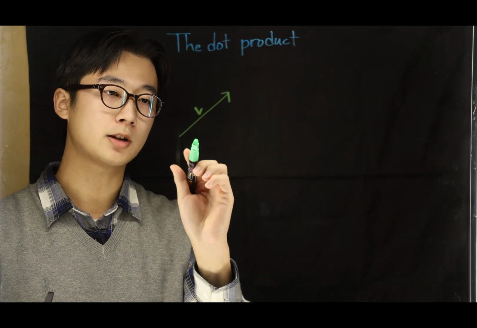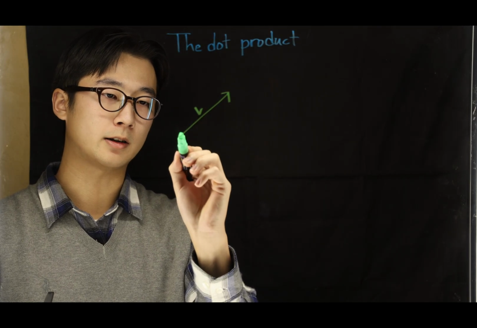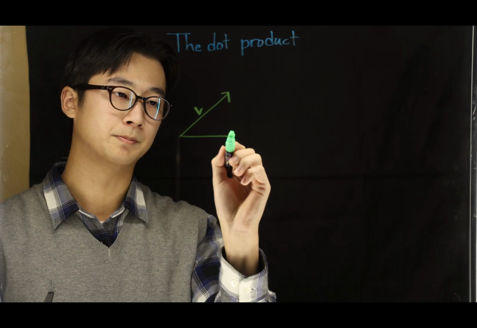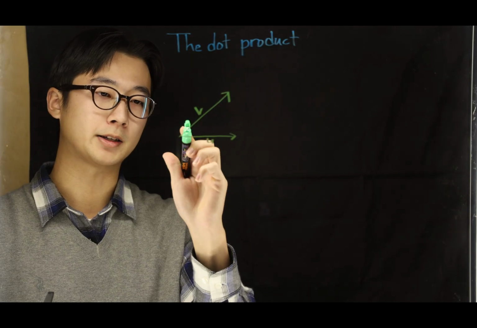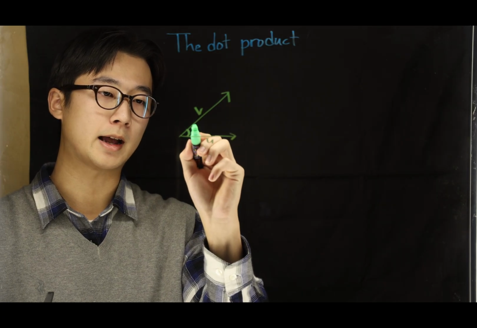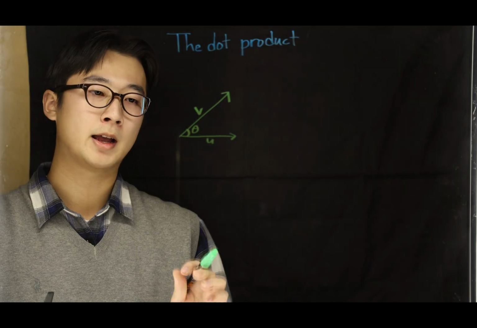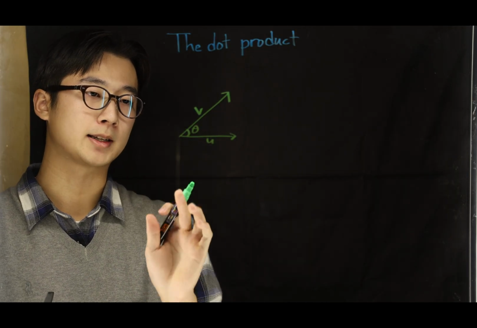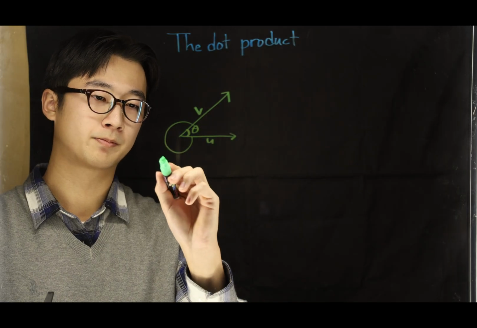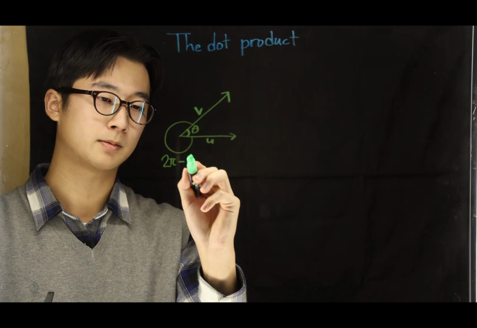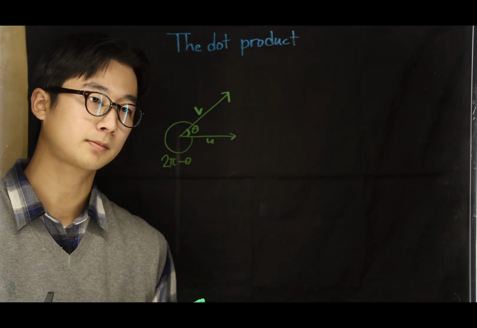And there's a vector u in a different direction, like this. Let's say this is vector u. And there's an angle between them. We can denote it as theta. And the remaining angle, except theta, is just 2 pi minus theta.